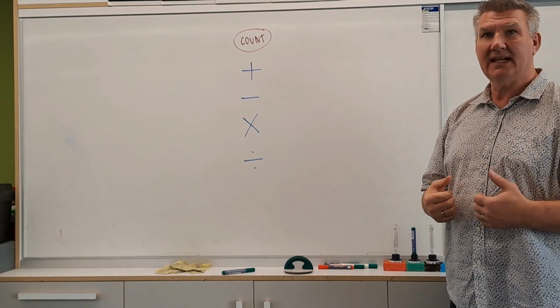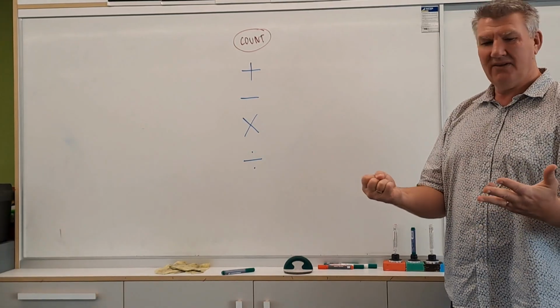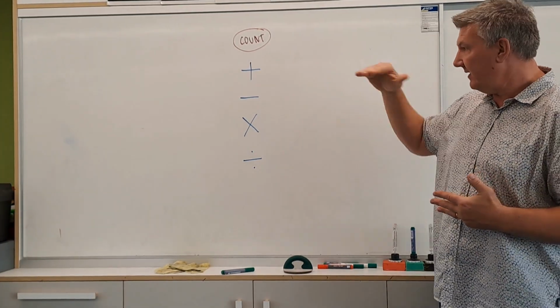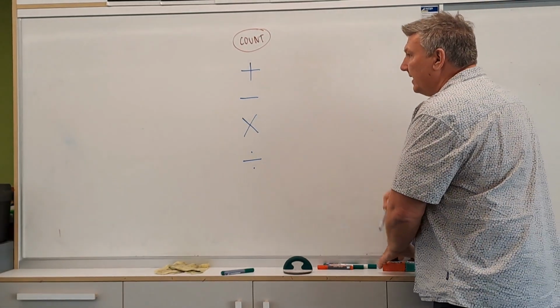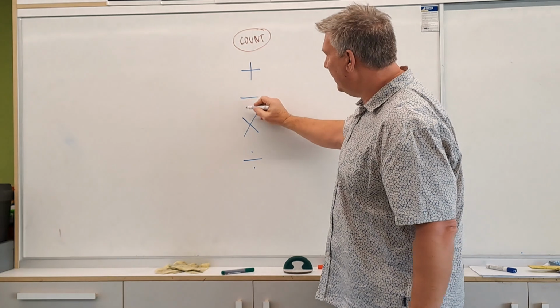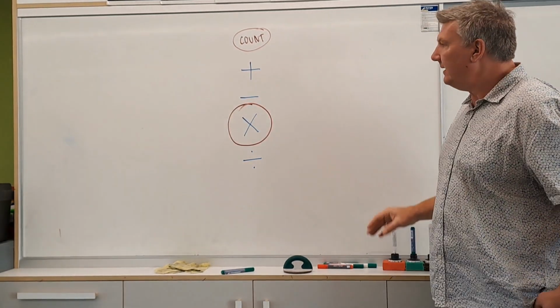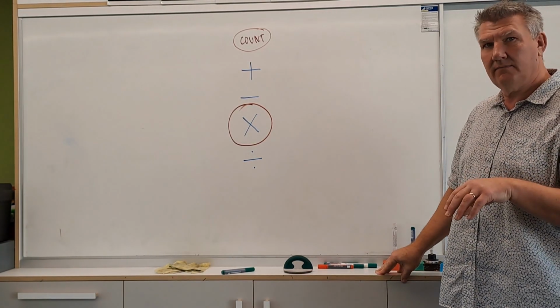So 7 take away 3: 1, 2, 3, 4, 5, 6, 7, then take away 1, 2, 3, leaving 4. So again, we're basing the progression of arithmetic on what's previously understood. What I would argue is at this point, this is where the potential misconceptions begin.